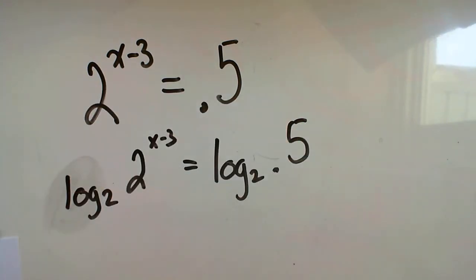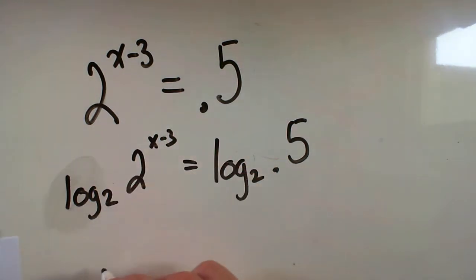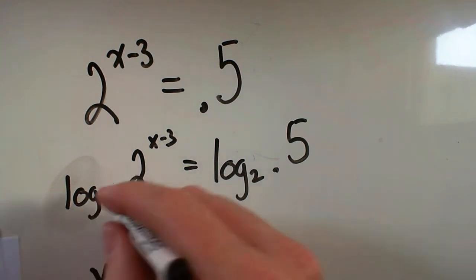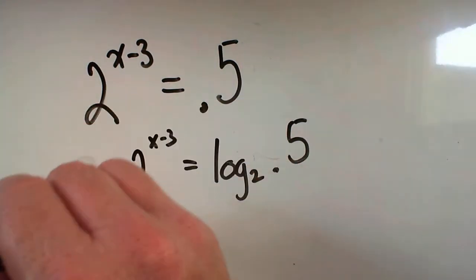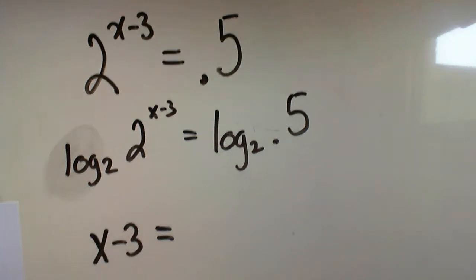We swing the x minus 3 down, but also remember that 2 to what power gives you 2? That's just 1. So this side just becomes plain old x minus 3. And again, that's because the x minus 3 swings down, and 2 to the first power is 2.